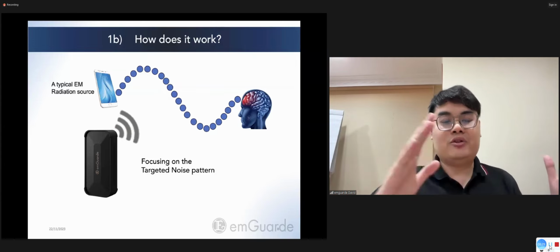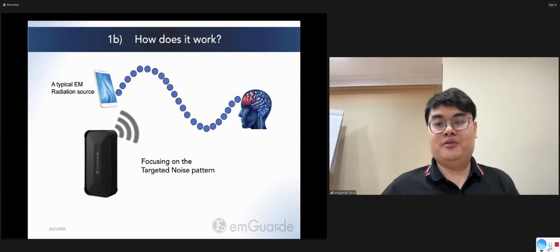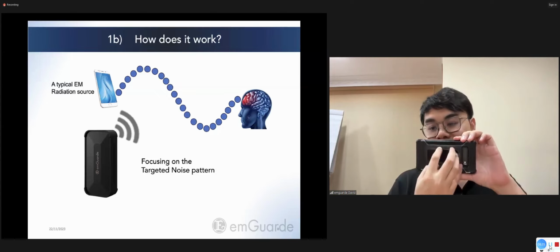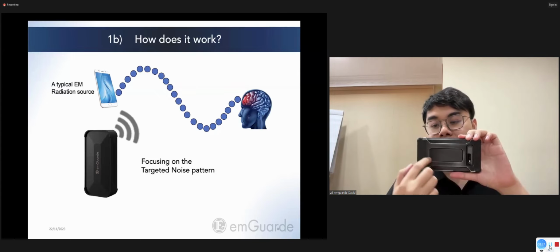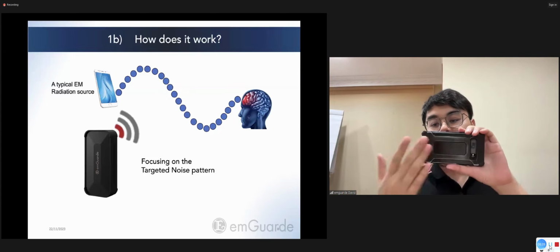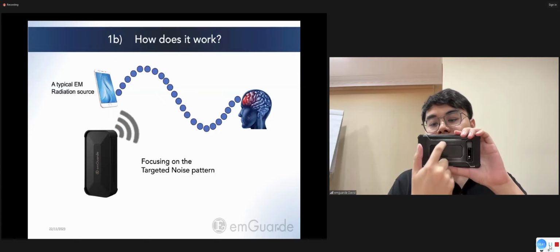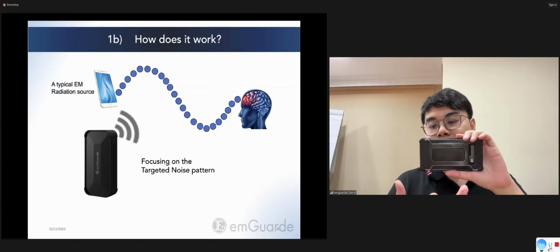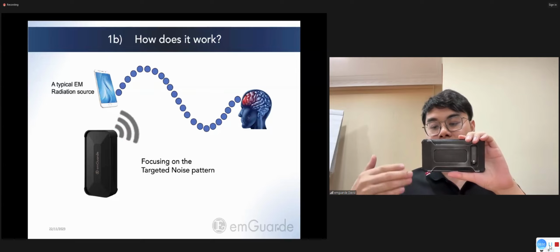Now, first, emGuarde is built to focus on a targeted noise pattern. Anything that runs with an integrated circuit board, for example your phone, which runs on a battery, has a huge IC circuit board inside. When the components communicate between themselves, they generate a certain amount of energy. We call it EMI, a type of electromagnetic radiation noise.